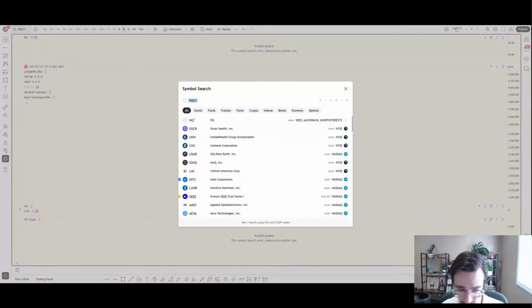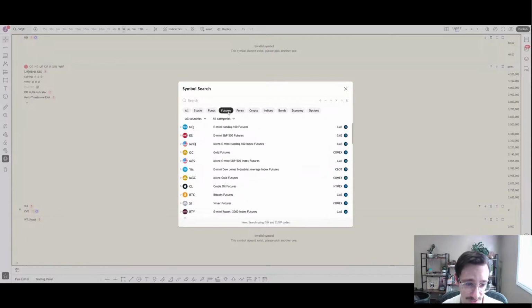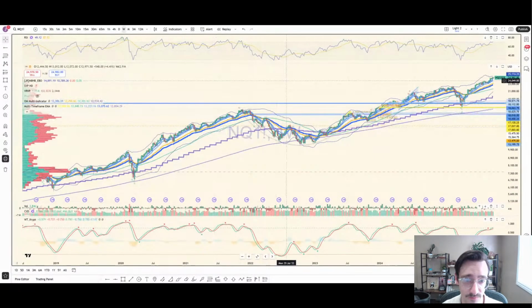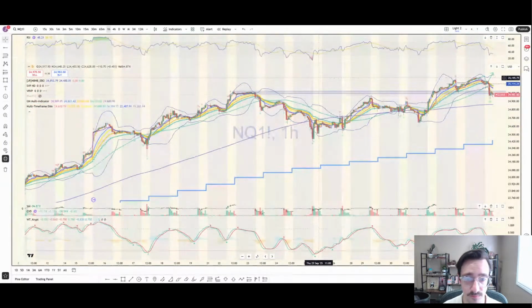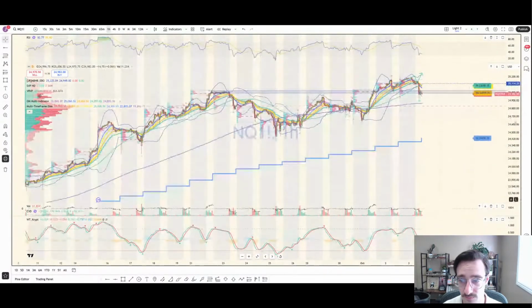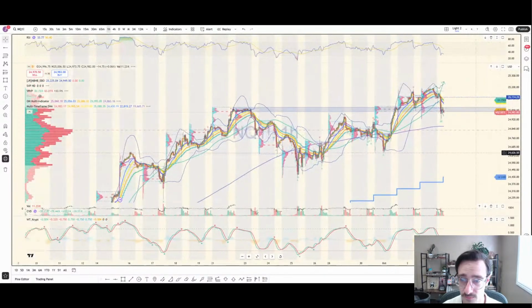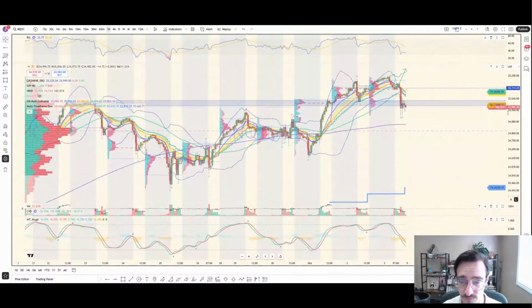Anybody else's TradingView do this sometimes, where it will not let you click futures? There we go. Let's go to an hourly. And this is perfect.